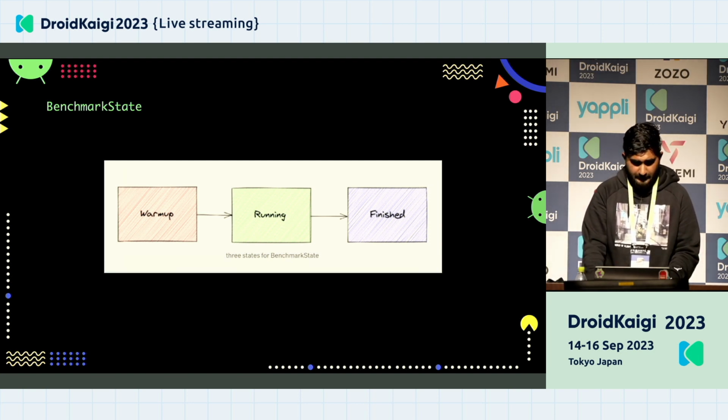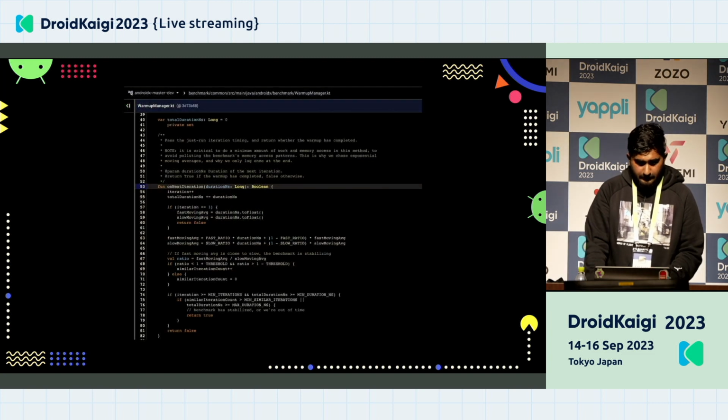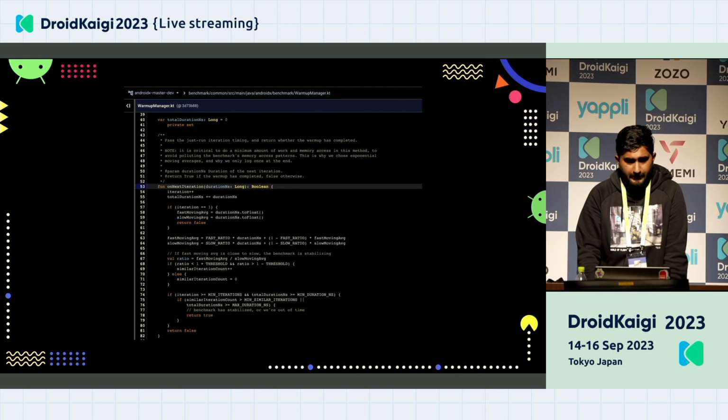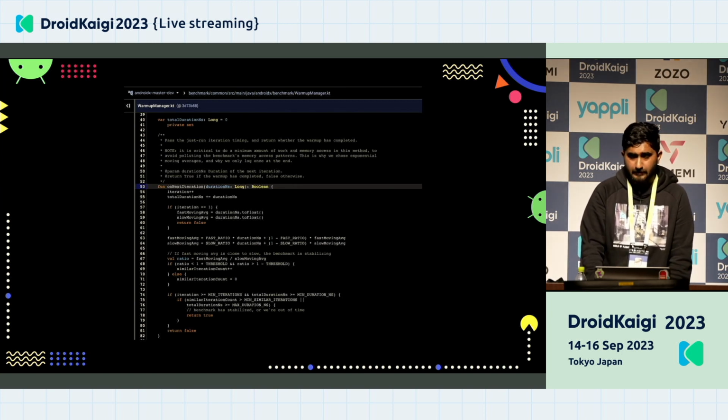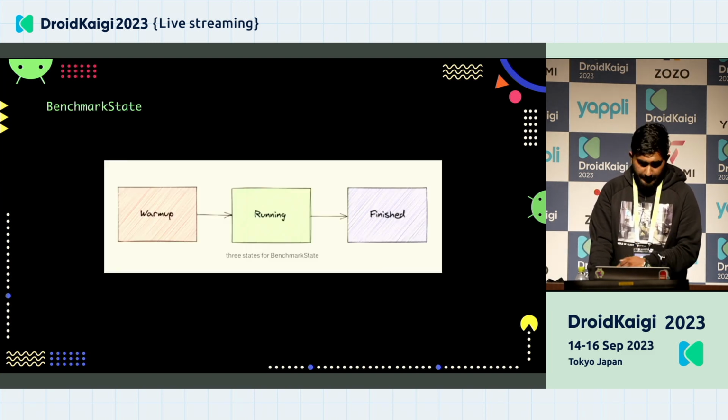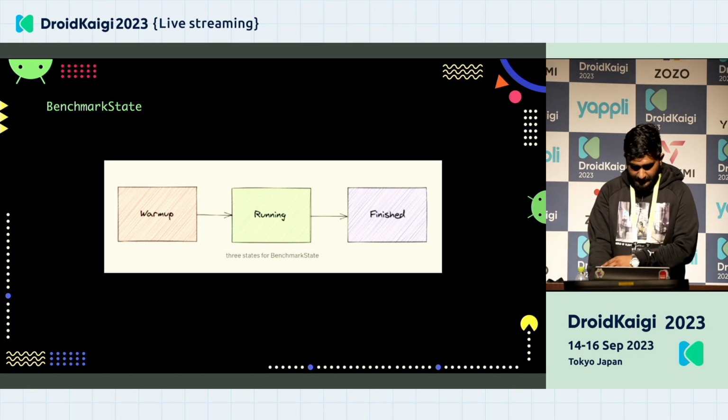I'll show you how it's done. Basically, there's a file in the Android archive in the benchmark directory, warm up manager. There's a function on next iteration. It returns true only if the warm up has been completed and returns false until the warm up has been completed. So that's when you get into the running state.